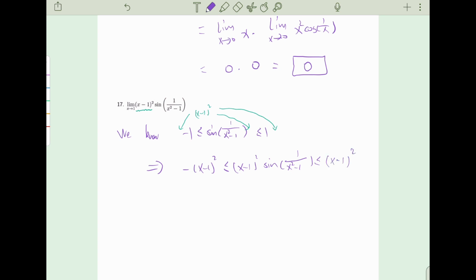Okay. And now we have created the two bounds for the expression. And now we check the limit of these two bounds. Are they going to the same limit? As x goes to 1, this is going to 0. Right? You can just plug in 1 here. You see that goes to 0. This also goes to 0 as x goes to 1. So they have the same limit, right?